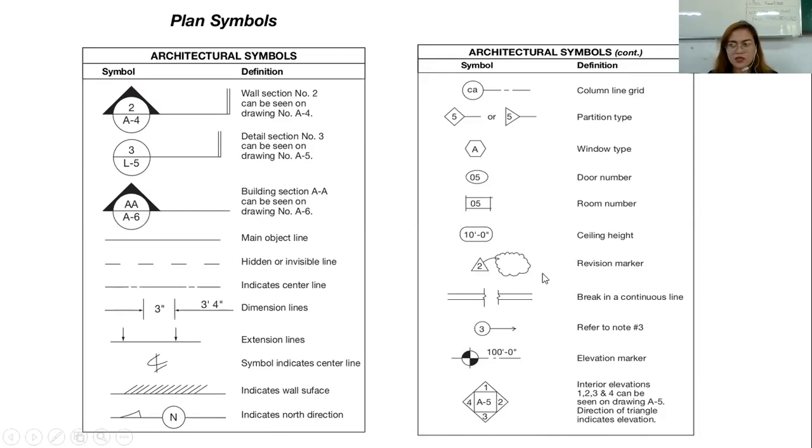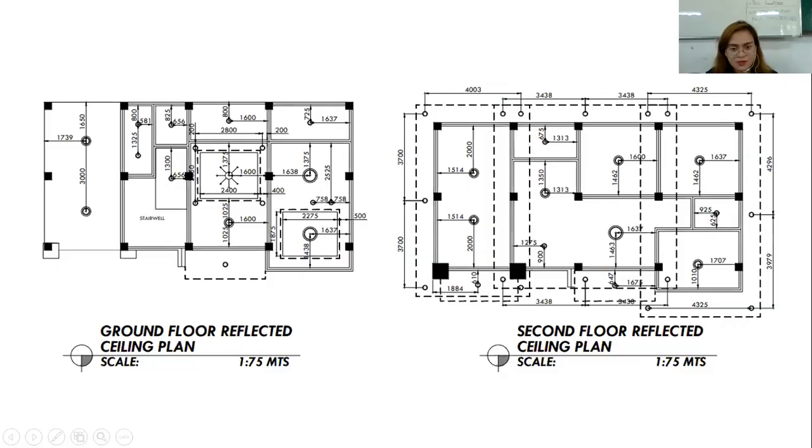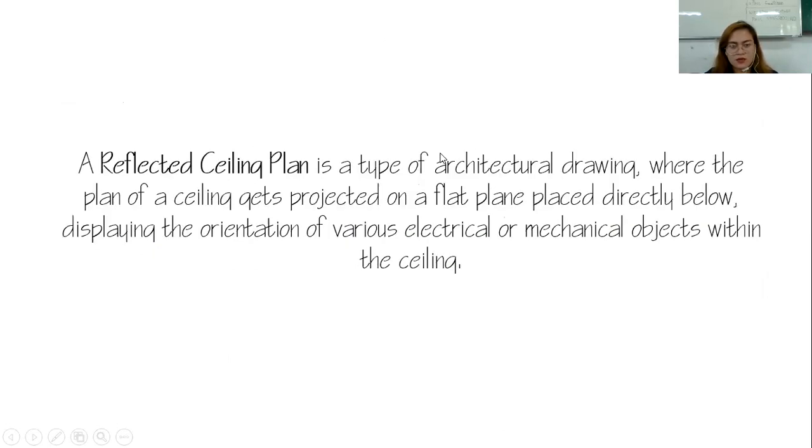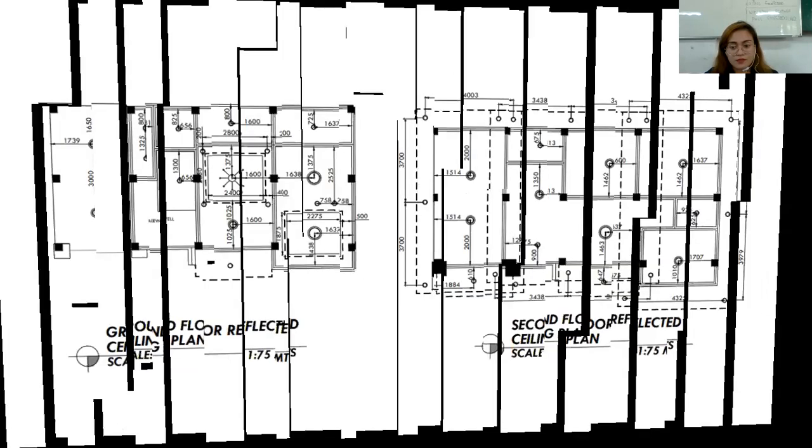Okay. So if you're gonna show the interior elevation, this is usually used on the interior plans. Let's go back to the plan. So usually you put your interior elevations here.